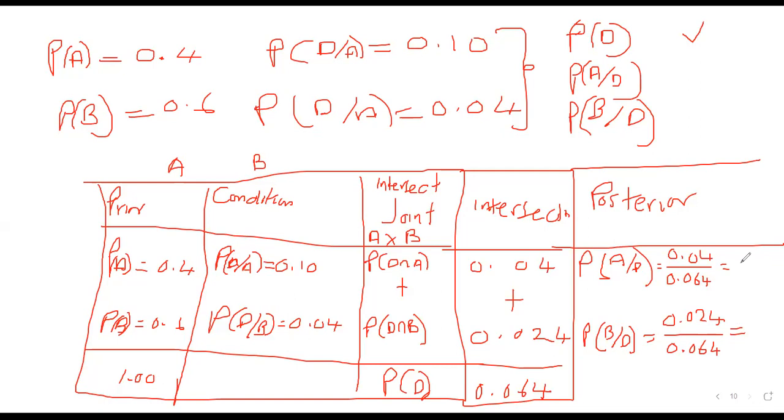The first one is 0.0625 or 0.625. And here? 0.375. 0.375.